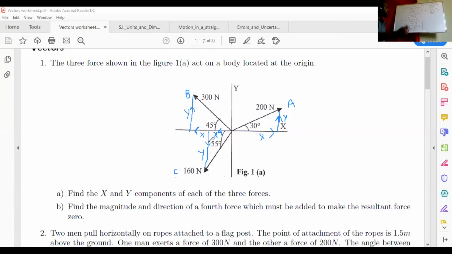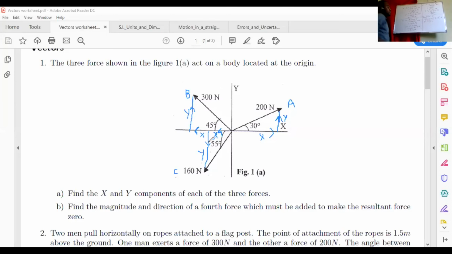So let's look at our x's and find the resultant for x. For A it's 173.2, for B it's negative 212, and for C it's negative 92.